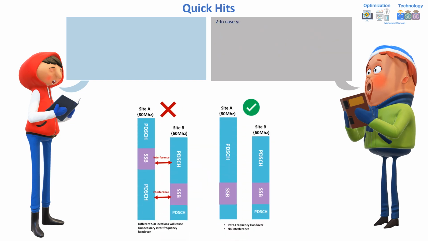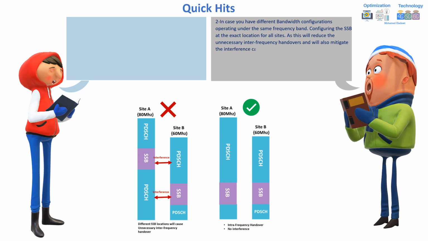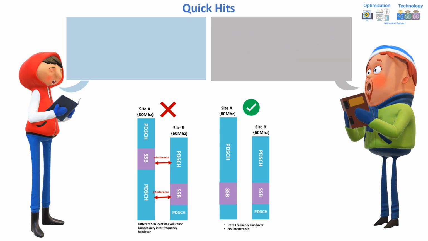In case you have different bandwidth configurations operating under the same frequency band, ensure configuring the SSB at the exact same location for all sites, as this will reduce unnecessary inter-frequency handovers and will also mitigate the interference caused by SSB from and to PDSCH. Example: N78 operating with 80 MHz at Site A and with 60 MHz at Site B.